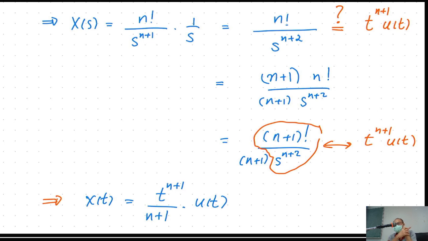Easier than doing the convolution integral. That's why I have to teach you the convolution integral first, before teaching you this, because if you had known this before the convolution integral, then you would have done this method.